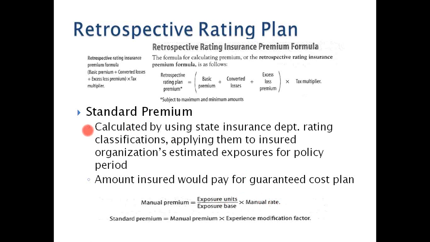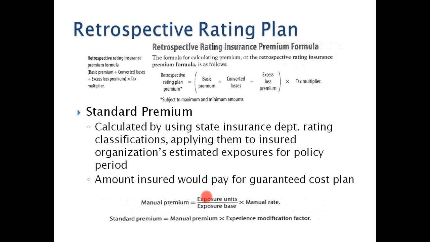The standard premium is calculated by using state insurance department rating classifications, the class codes based upon the type of occupations or the industry you're in, and then applying them to the insurance organization's estimated exposure for the policy period. This would be the amount that the insured would pay for a guaranteed cost plan. So that's where we start from.